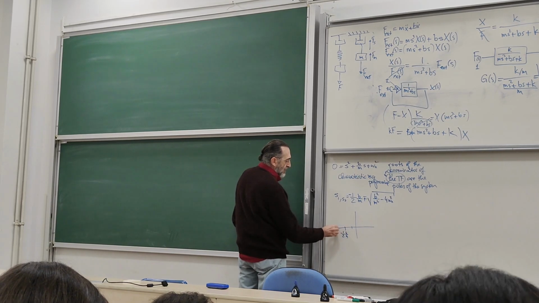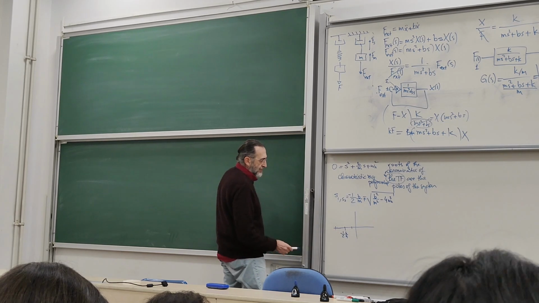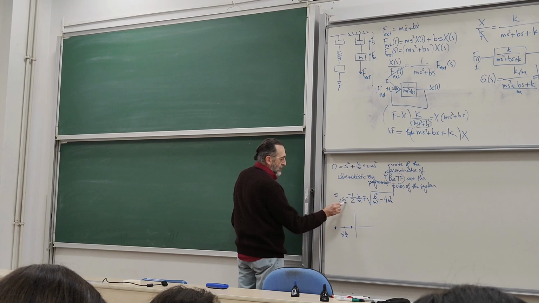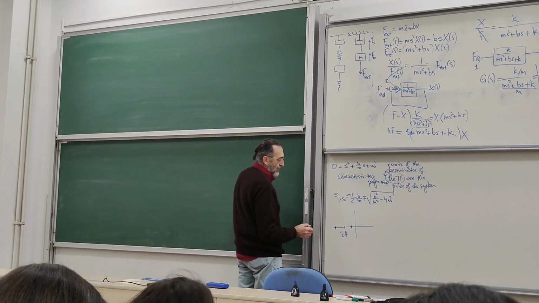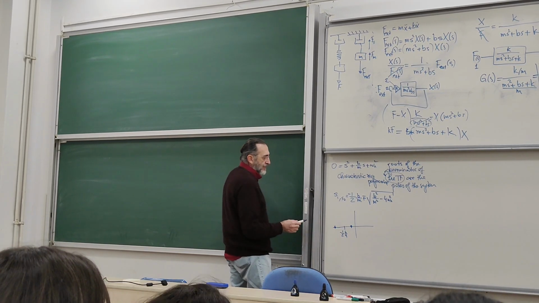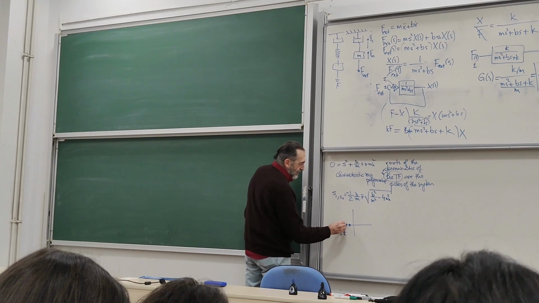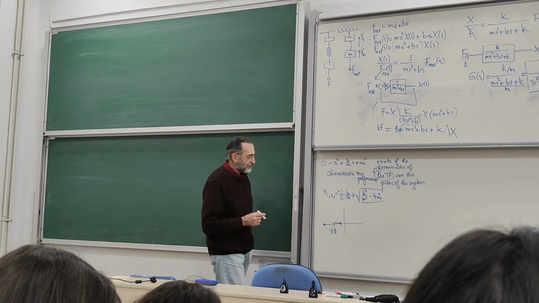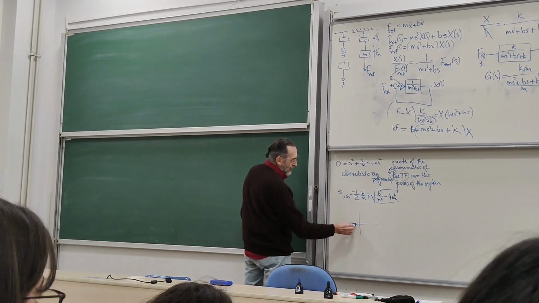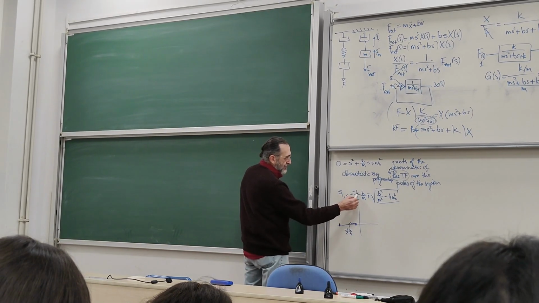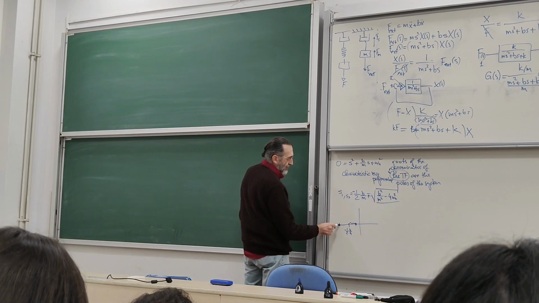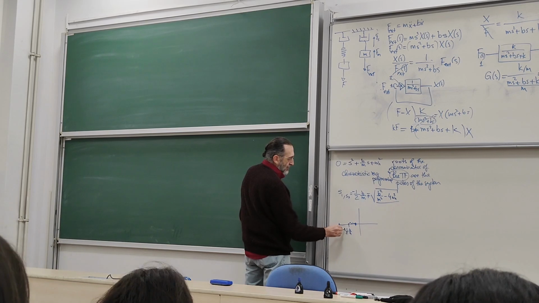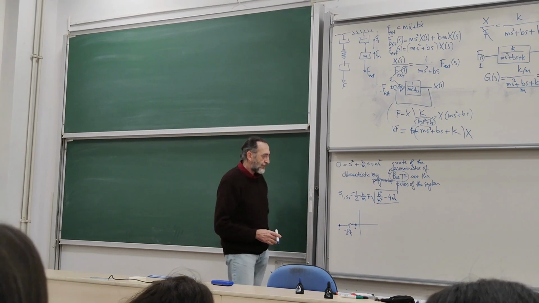On either side of this are situated the two poles, S1 and S2. And they are separated from that point by the square root of delta, the minus here and the plus here.